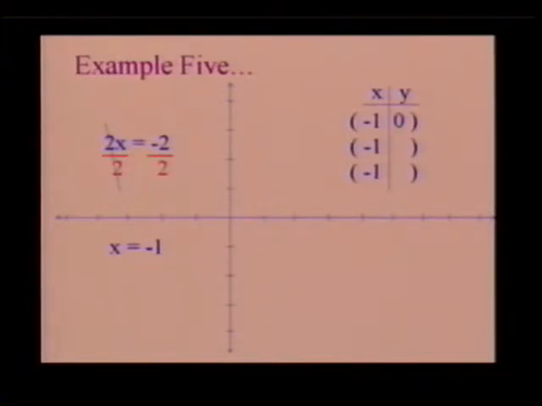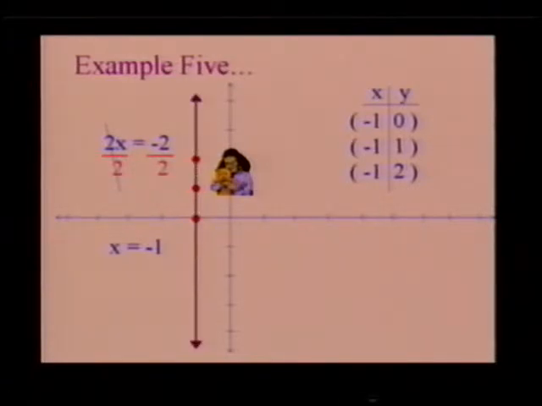I'll put in my easiest one, 0. So I graph the point negative 1, 0. Put in a 0 for y. This is looking good. And put in a 2. Let's see. They line up as well. I know I'm king. Okay.